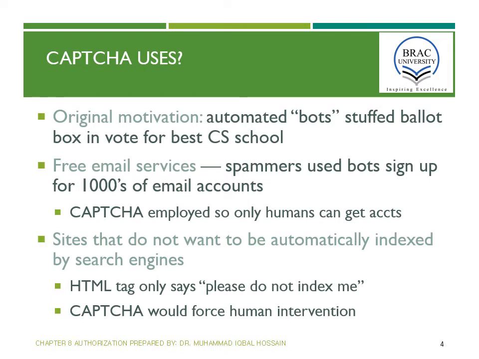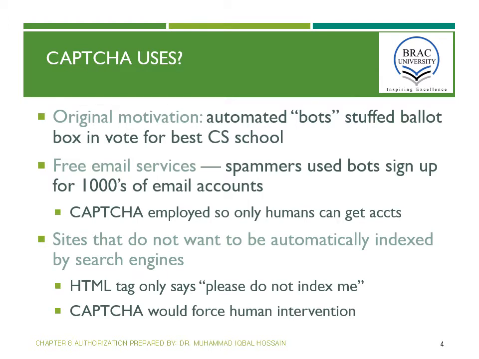An automated system creates thousands of email accounts, so no human is involved here. A hacker just wrote a script and ran it. In this place we can use CAPTCHA.